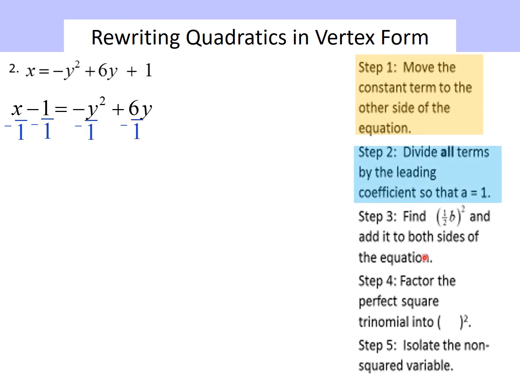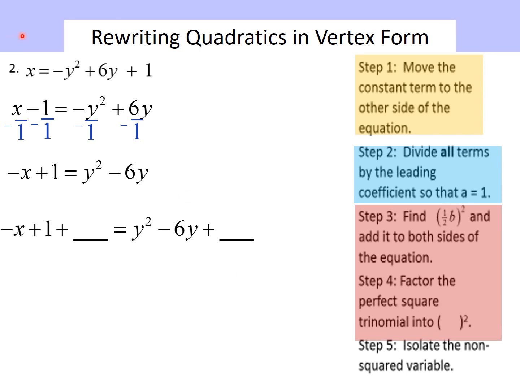Now that we have that, we have a negative in front of y squared. So we have to go through and divide everything through by negative. Now our leading coefficient is 1. It's time to complete the square. We need a value of c that will complete the square.